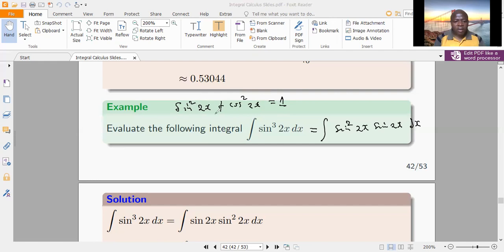So using that, we would change this to cosine. So what I'm expecting to see going forward is that instead of this, we will write 1 minus cos 2x squared.